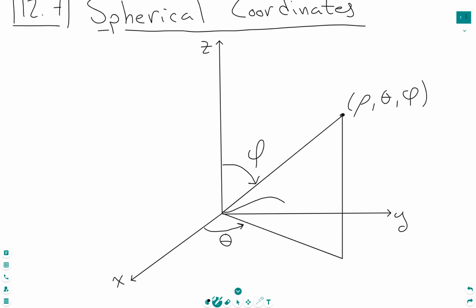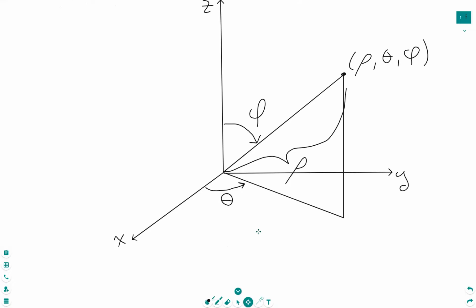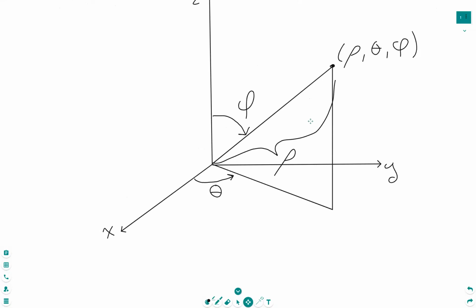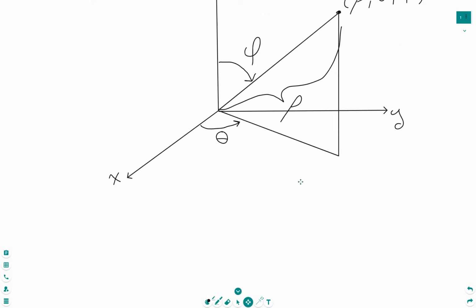The magnitude of the distance from the origin out to the point is our rho. So this is a radius in spherical coordinates. This is what they typically write as rho. I'm not even going to tell you how the physicists do it because I don't want you to get confused. This is what we're doing.